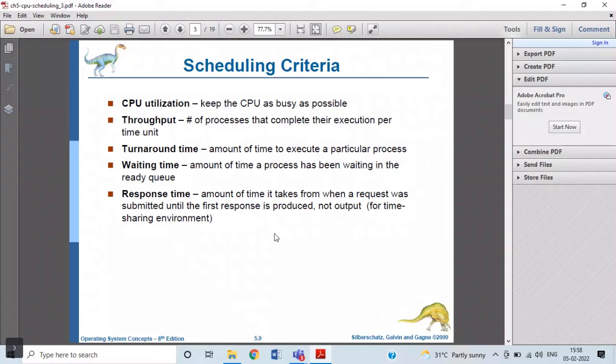The number of processes that complete their execution per unit time. Is that maximum or minimum? Minimum? Is it right? It should be maximum.